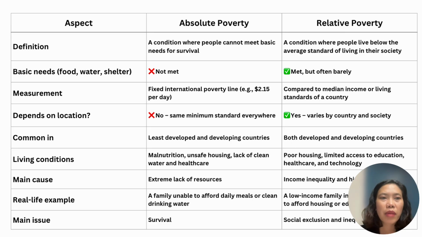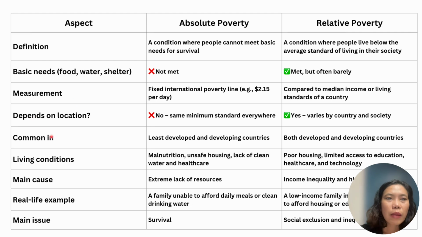So the measurement for absolute poverty is the fixed international poverty line, like, for example, what is given by the World Bank or the world standard, and relative poverty is compared to the median income or living standard of a country. As I said earlier, the standard of living here in the Philippines is different from the standard of living in Europe or any US state.